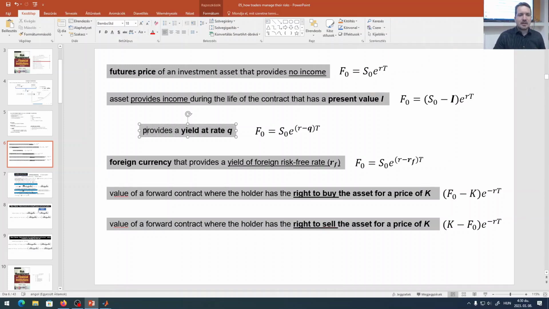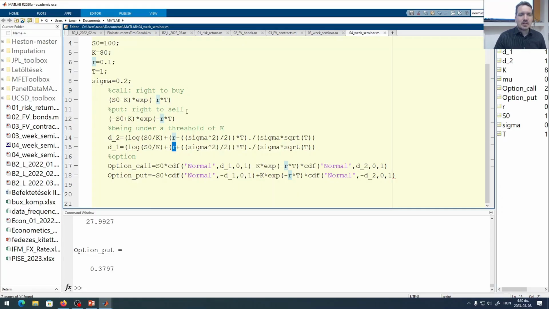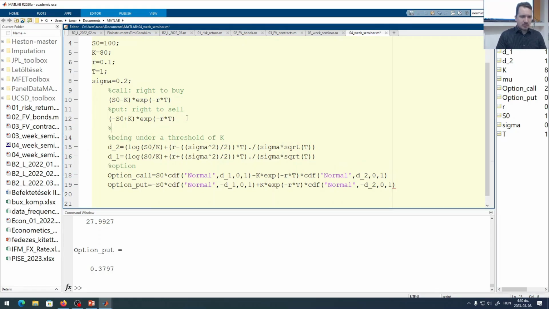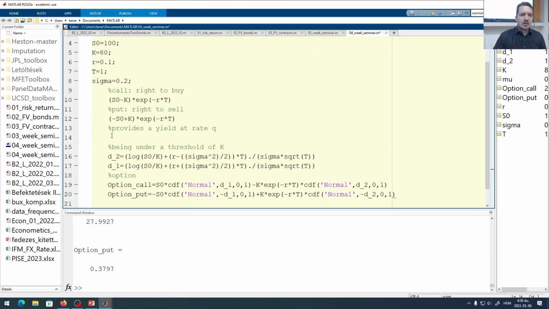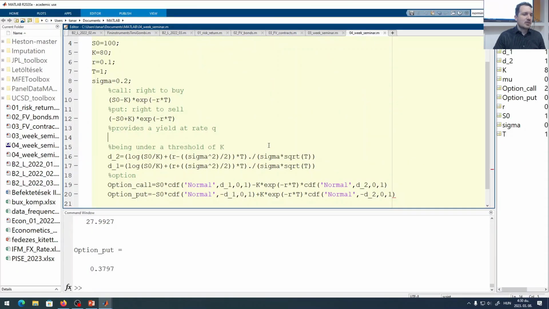So this whatever must be built in. The asset provides a yield at rate Q. How can we process this? Practically, we just extend the present value calculation.